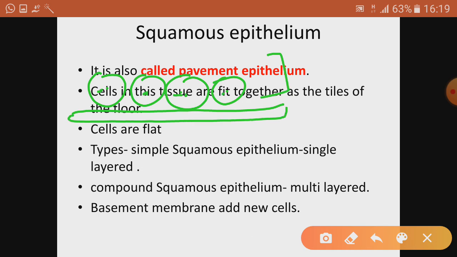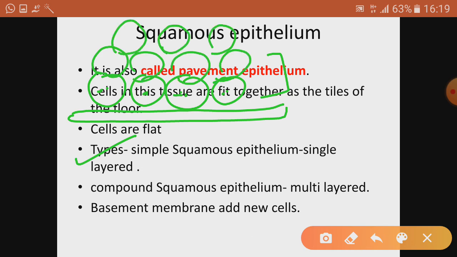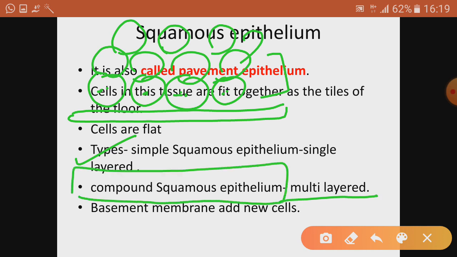And if the same kind of epithelium has multiple layers of cells above it, it will be called multi-layered or compound squamous epithelium. Compound squamous epithelium is also known as stratified squamous epithelium.